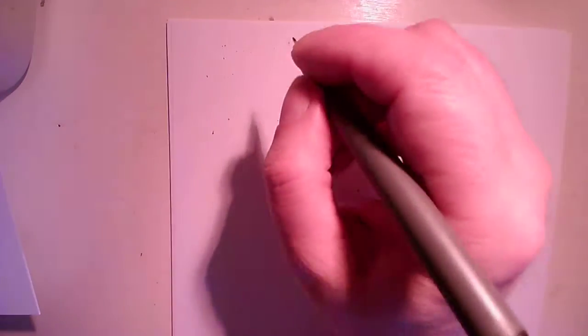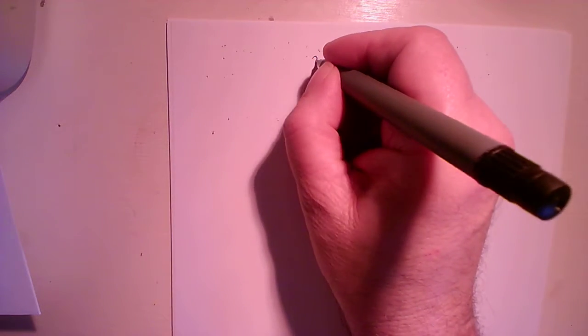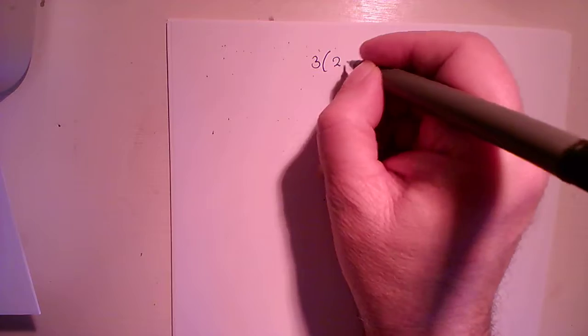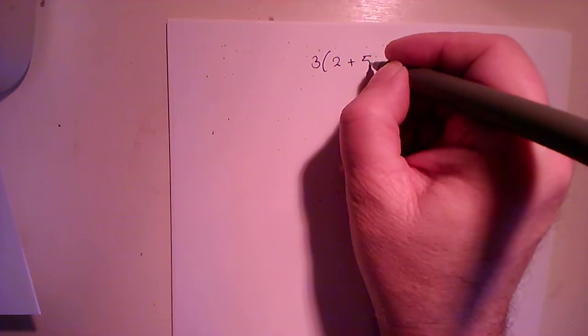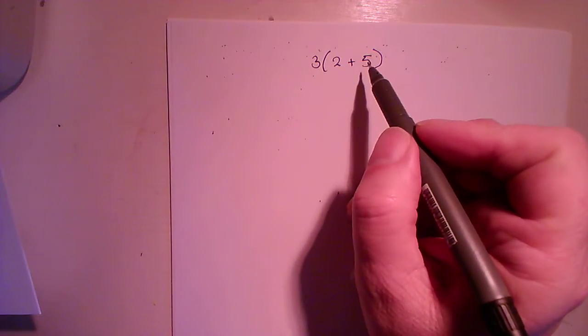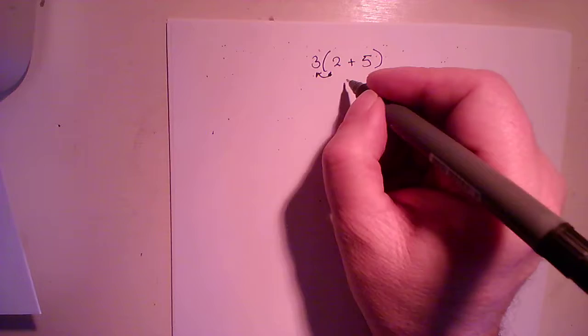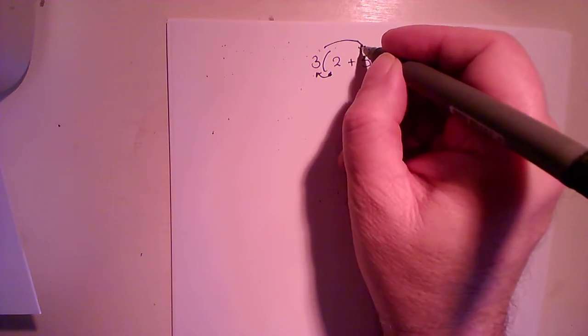So let's go to maths, and we know that if we have, let's say, 3(2 + 5) and we expand those brackets, then really what we're saying is we're multiplying everything on the outside by what's on the inside.